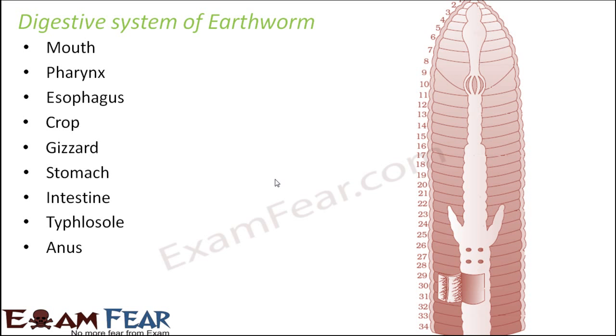For example, some of these organs are common in human beings: mouth, pharynx, esophagus, stomach, intestine, anus, all these are present even in human beings. So there are three new organs which will get introduced: crop, gizzard, and typhlosole. What are they? We'll see that very soon. So now we will start understanding each of these organs and we will see their function. And then when we discuss all of them, then you will get to know the process of digestion as well.